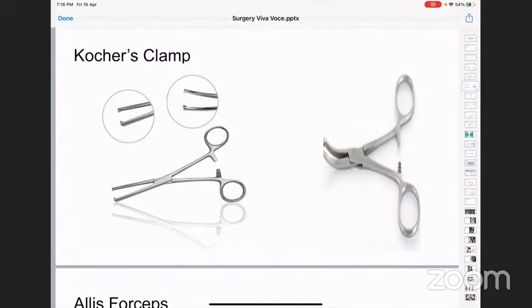So can you think of any important contributions that Kocher made to the field of surgery? Kocher was a Swiss physician, and he received the 1909 Nobel Prize in physiology or medicine, because he did extensive work in the physiology, pathology, and surgery of the thyroid gland.